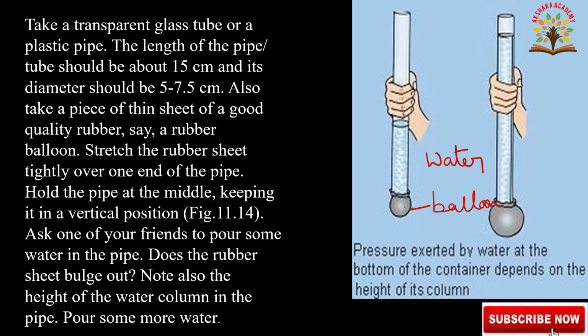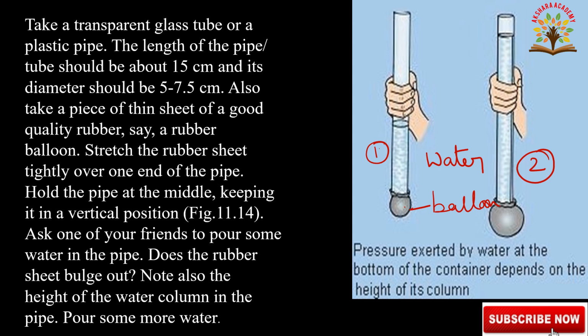Pour some water. Now this is the first situation, and come to the second situation. Suppose this is figure number 1 and this is figure 2. Observe these two figures. Here what is the level of water? Here it is increased. So in this situation we are increasing the level of the water.